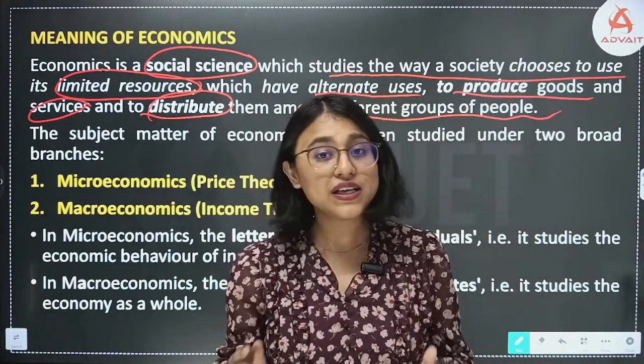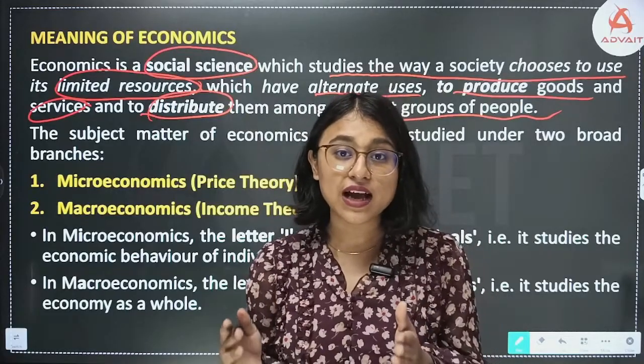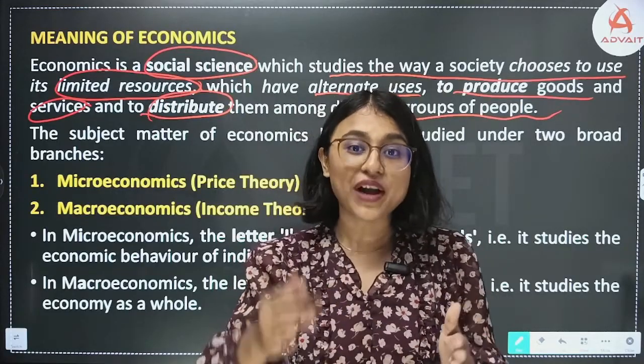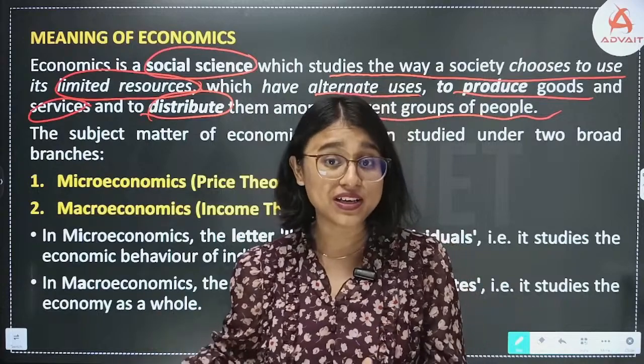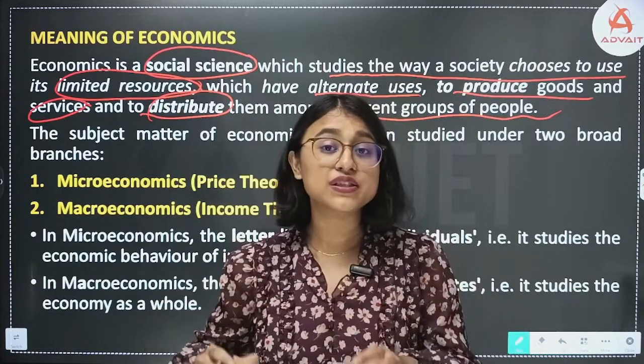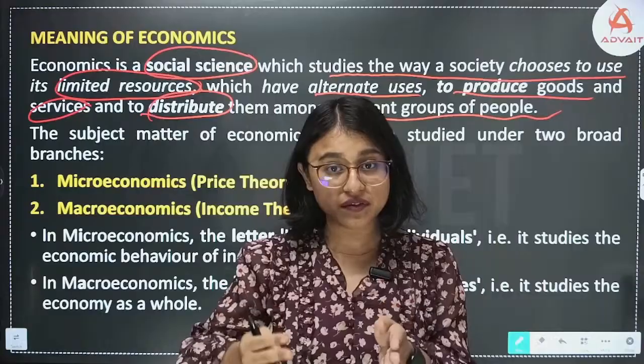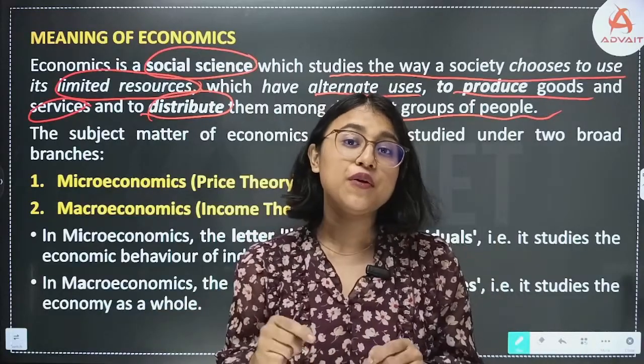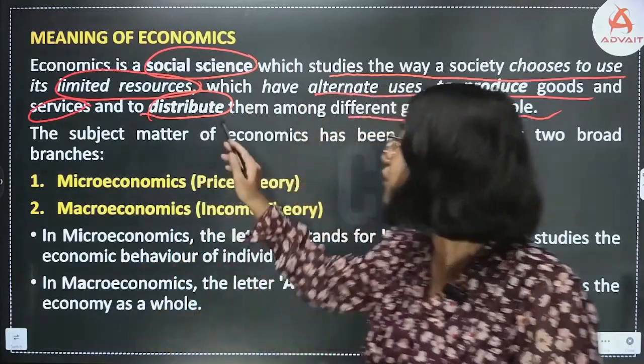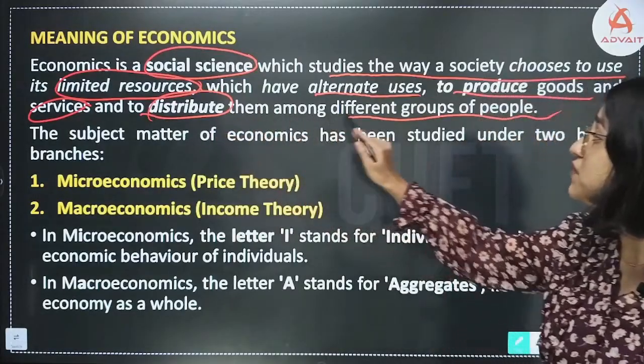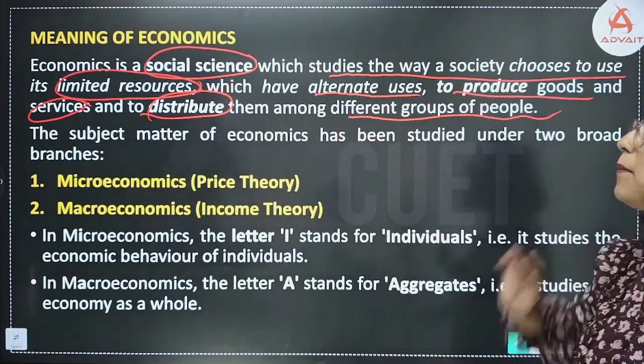It not only studies how the limited resources are put to uses of production of goods and services, but it also looks at how the produced goods and services are distributed within the economy. So it also studies the distribution of them among different groups of people.